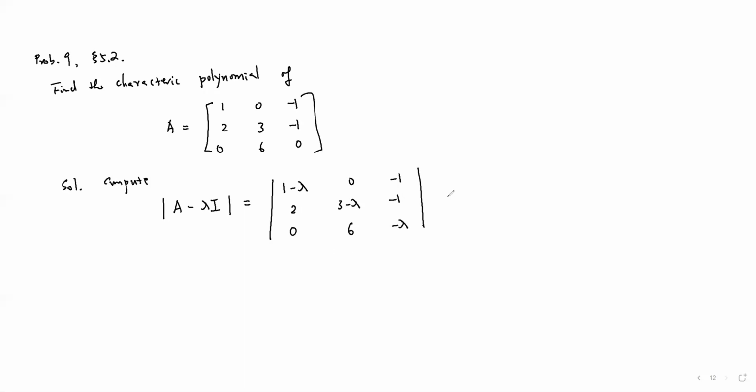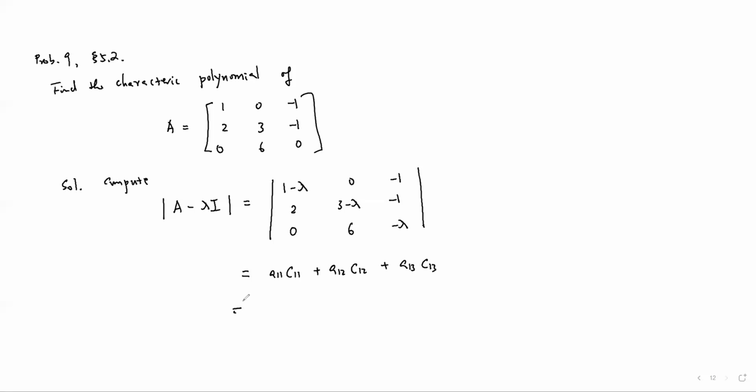All right, now I expand. Say, for example, I expand this determinant across the first row. The formula is A11 C11 plus A12 C12 plus A13 C13.